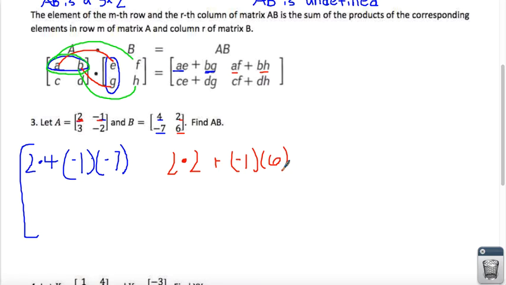And that's going to be the first row of this new matrix, right? And then for the second row, I'm going to use the second row of A and multiply by the first column of B. So 3 times 4 plus -2 times -7.